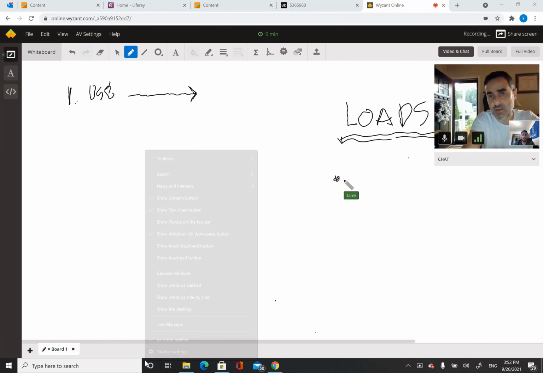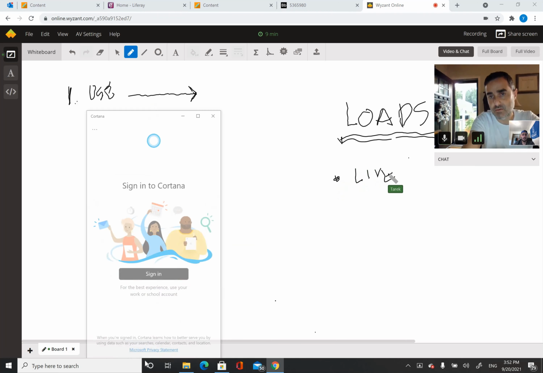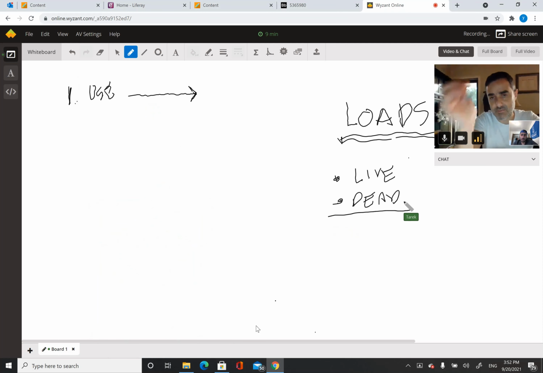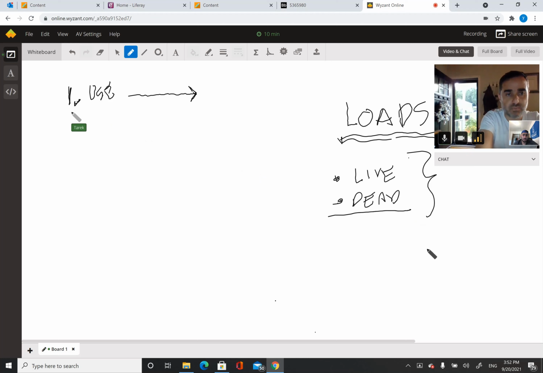And usually we have live loads and dead loads, and some other things like wind loads. But from the inside, usually live and dead load are pretty important. A lot of the sizing of the members is going to be based on the loads that they're generating. So use has a very important influence on the building.